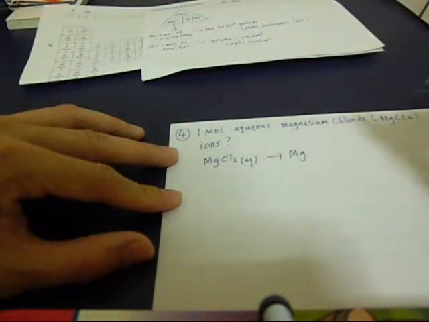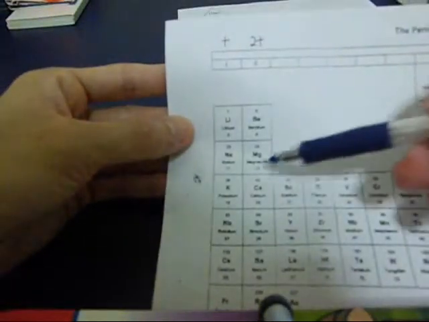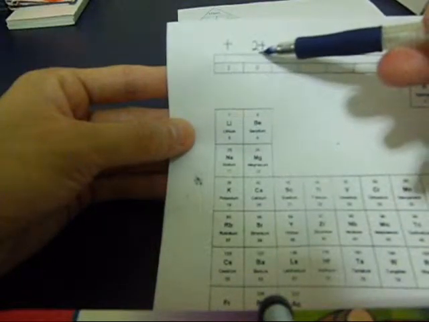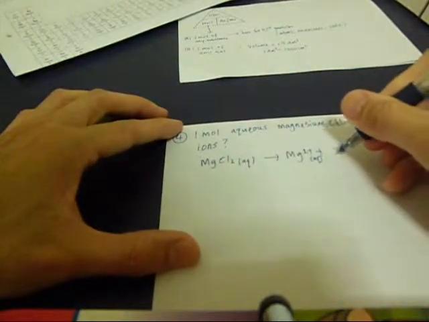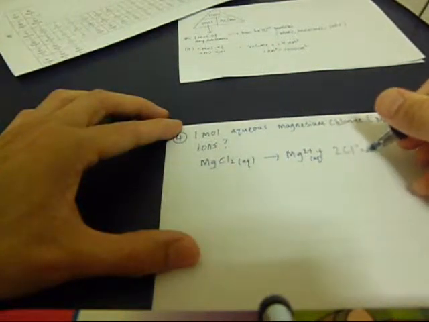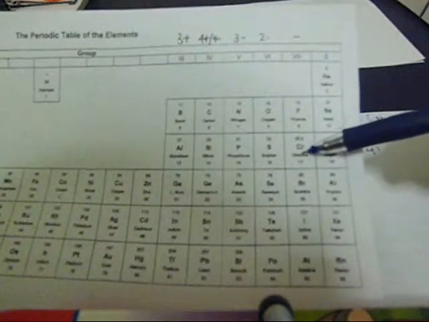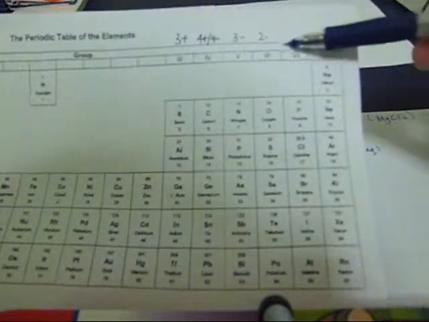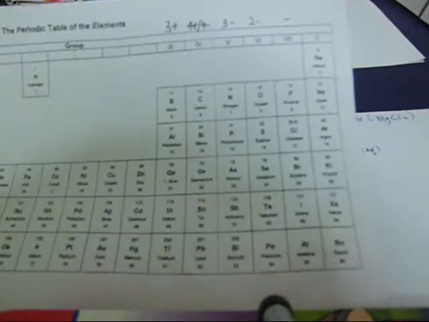It will split into a magnesium ion, Mg2+, because magnesium is in group 2, and 2 chloride ions, Cl-, because chlorine is in group 7.